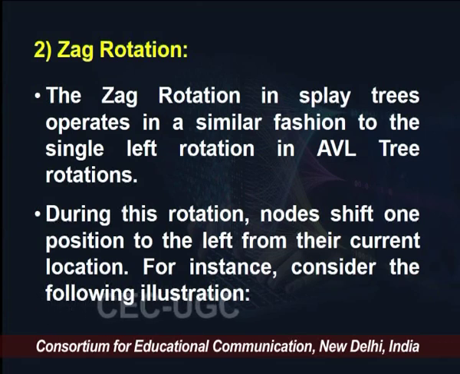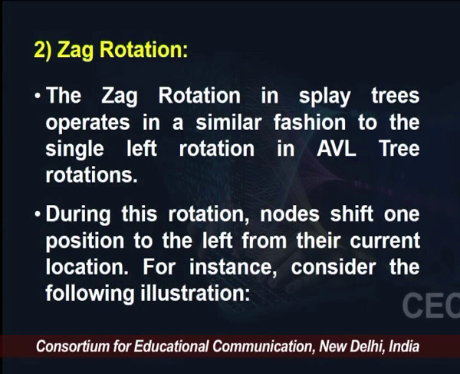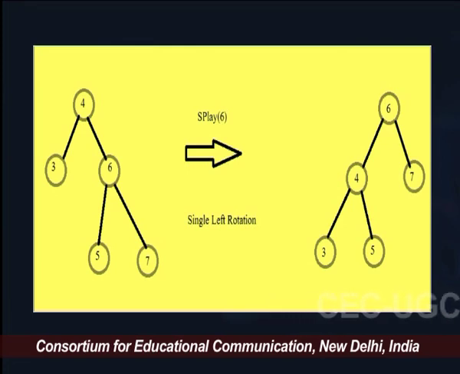So zig is similar to the right rotation of AVL trees, while zag is similar to the left rotation of AVL trees. During this rotation, the nodes shift one position to the left from their current location. And what kind of example can we have here?